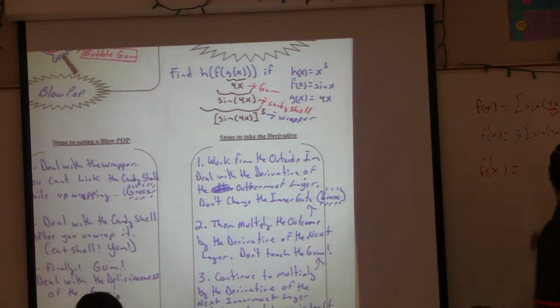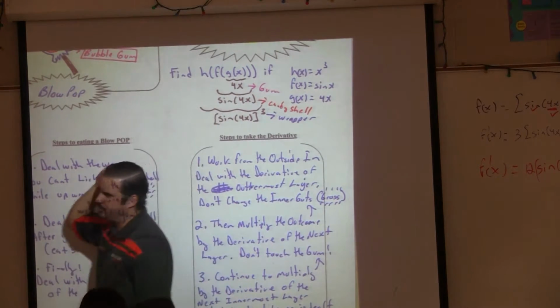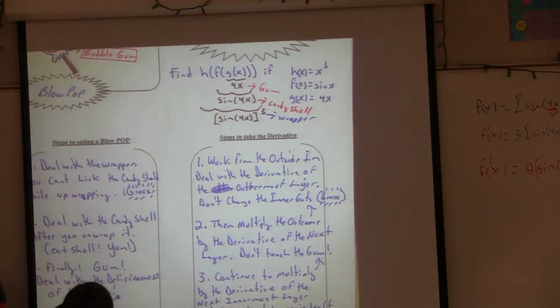So my derivative here, we can multiply the 4 and the 3, right? What will that give me? 12 times sine of 4x squared times cosine of 4x. That would be the derivative of that composite function up here. I didn't give it a name, but we could call it j of x if you want.